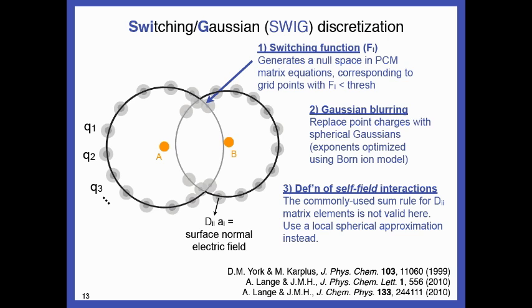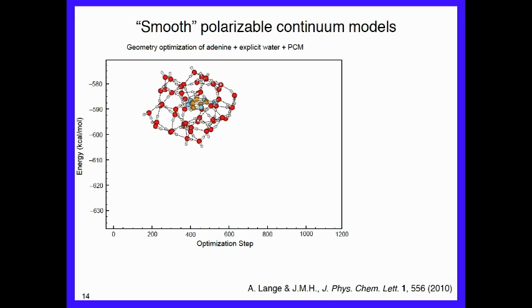So the two key elements are a switching function to remove the discontinuities and a Gaussian blurring, or a Gaussian regularization, of the Coulomb interactions to get rid of any singularities.